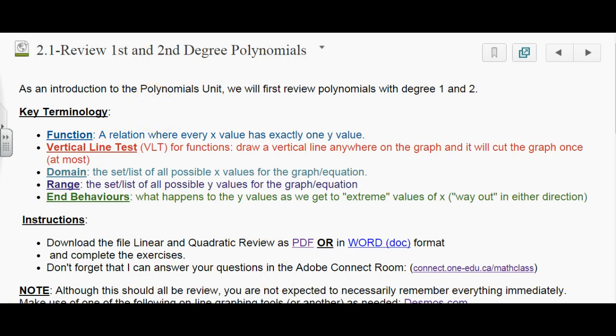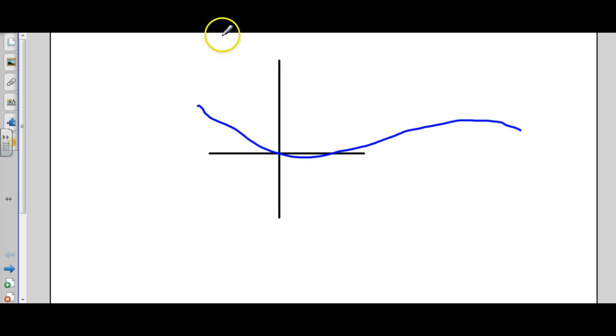Okay, so if we're looking at an example here, and I've got some sort of a curve, something like this, pretty simple stuff. As long as we go through, and this is called the vertical line test, as long as we go through the graph and only hit it at one spot. So again, every x value down here only has one y value up and down, then we have a function.